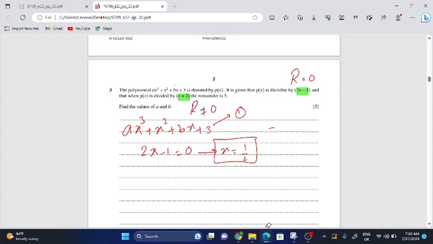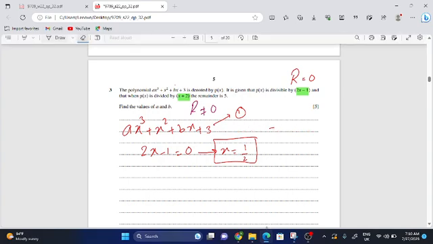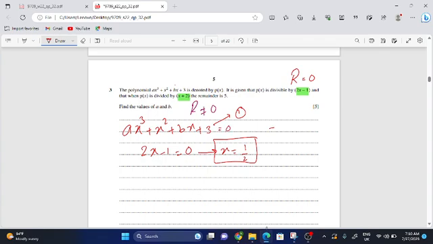Further, this is equal to 0. That gives me 1 by 8 a plus 1 by 4 plus 1 by 2 b plus 3 is equal to 0.